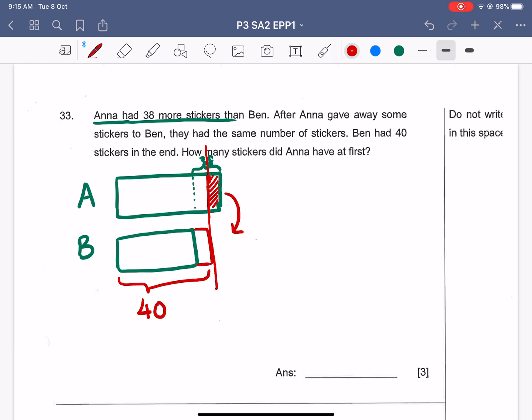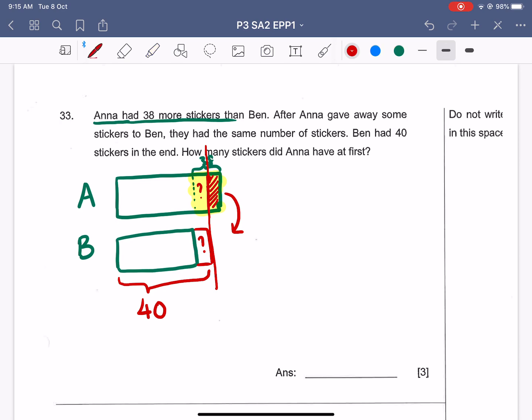Now we do not know how much this is. We do not know how much this is. But if you look at the model over here, this part in yellow, you can see that the 38 must have been split into half. Half of the 38 is given to Ben, while the other half is kept by Anna, so that they will end up having an equal number of stickers.